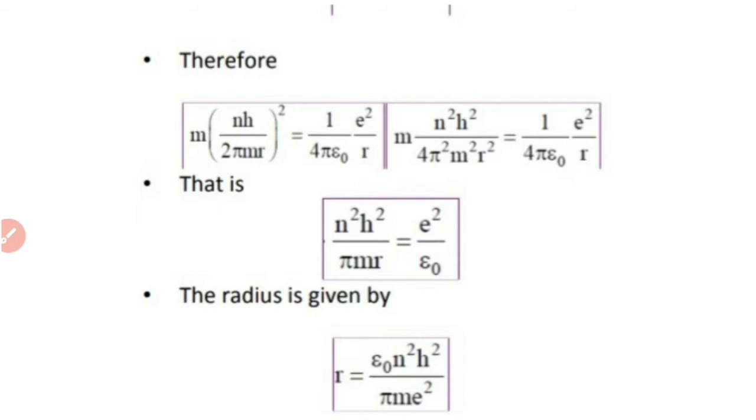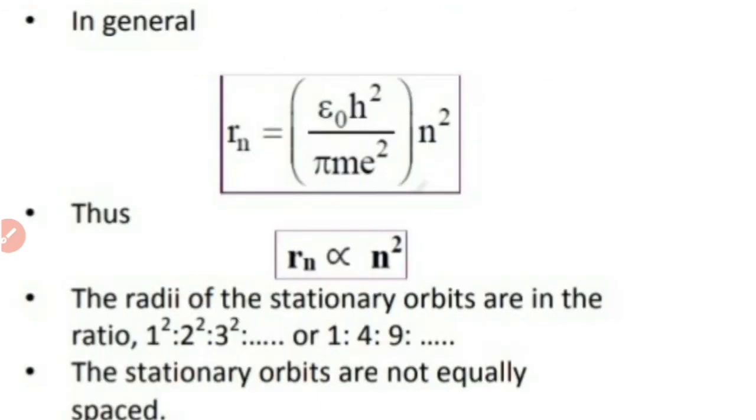Now doing the necessary cancellation and simplification, we have the radius r equal to epsilon 0 n square h square by pi m e square, or in general form we can write Rn as epsilon 0 h square by pi m e square into n square.